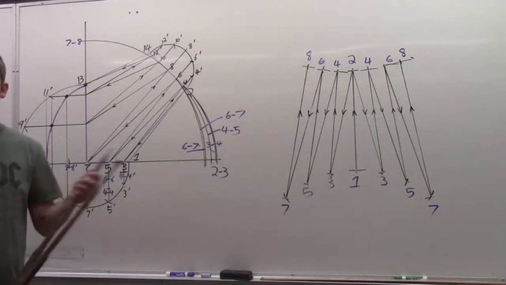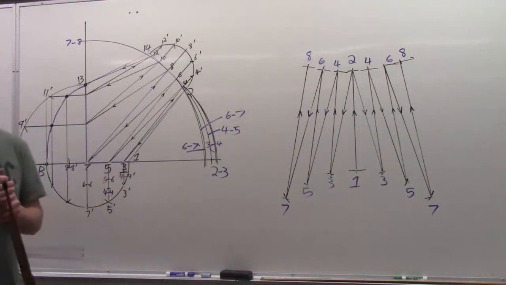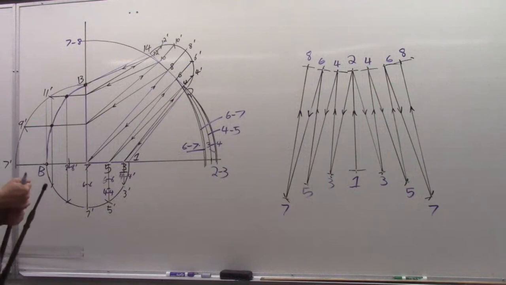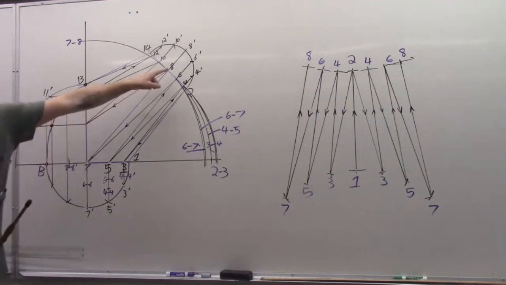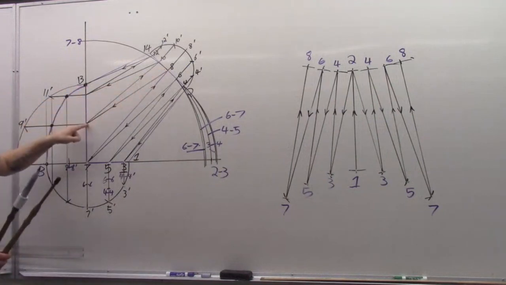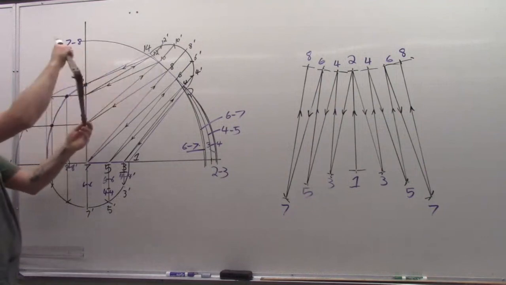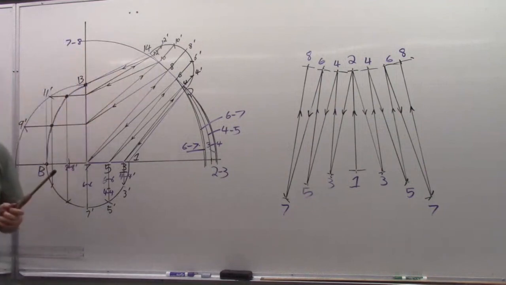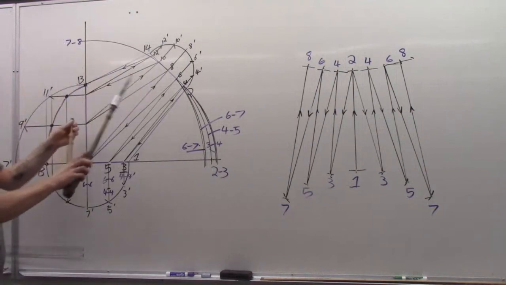So you guessed it. Now we're going 8 to 9. Same idea. I'm going to go from 8 down to 9. I'm going to swing that up and over and do a very similar thing.